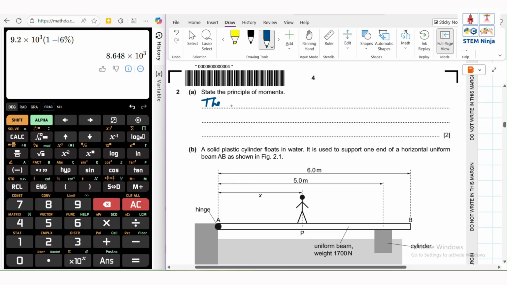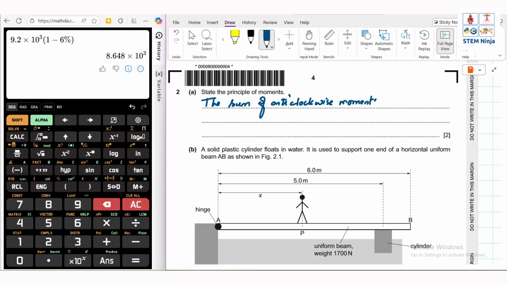We can say that the sum of anti-clockwise moments about a point should be equal to clockwise moments about the same point.